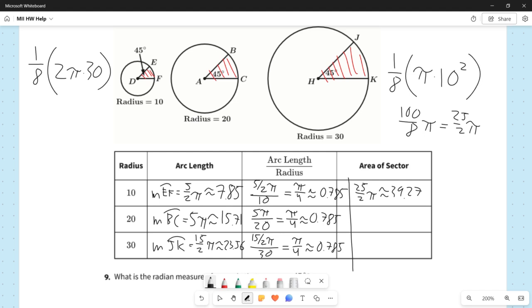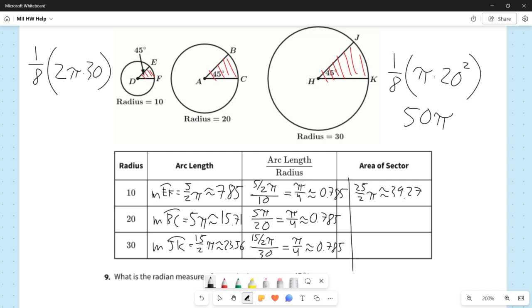For the next circle, it's going to be very similar to what we just did, except instead of 10, our radius is going to be 20. So we want, again, 1/8 of the area of the entire circle. If our radius is 20, that's pi times 20 squared. 20 squared is 400, and 400 divided by 8 is simply 50. So no fractions this time.